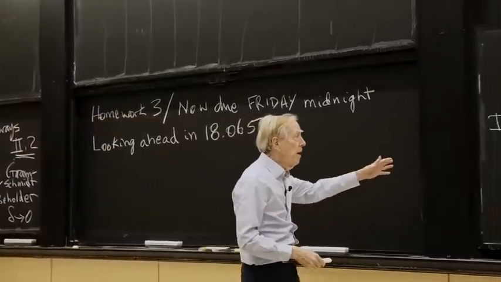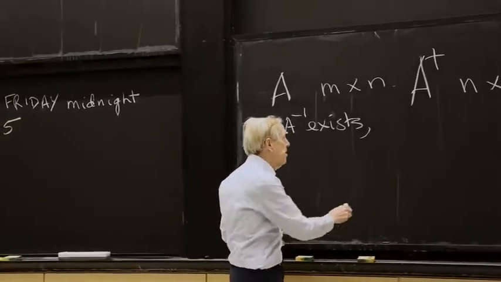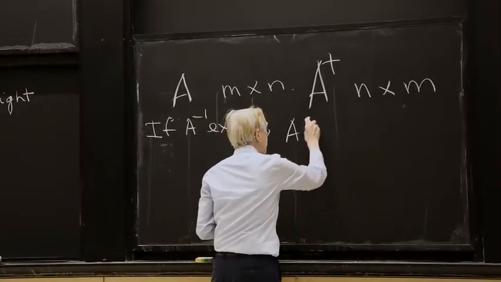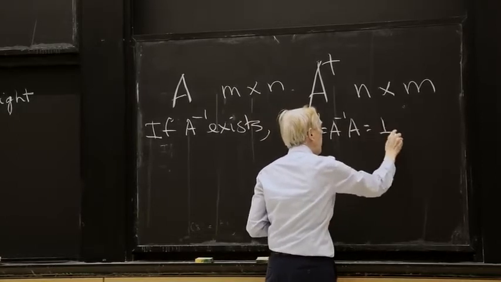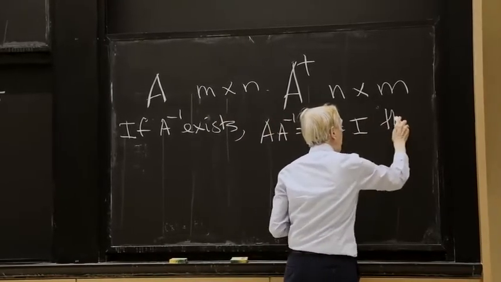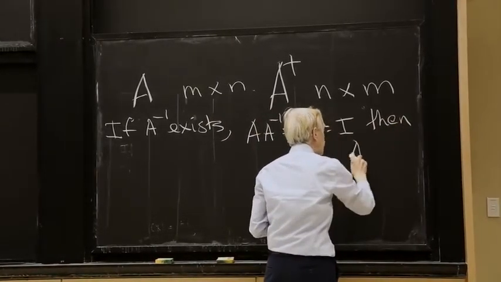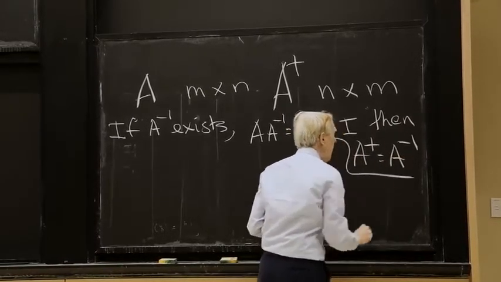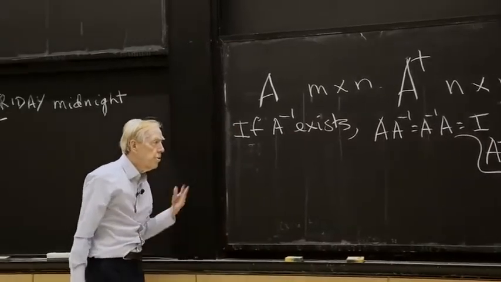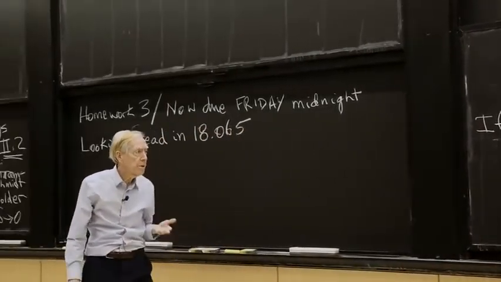So if A inverse exists, which means A times A inverse and A inverse times A both give I, then A plus is A inverse, of course. The pseudo-inverse is the inverse when there is one.